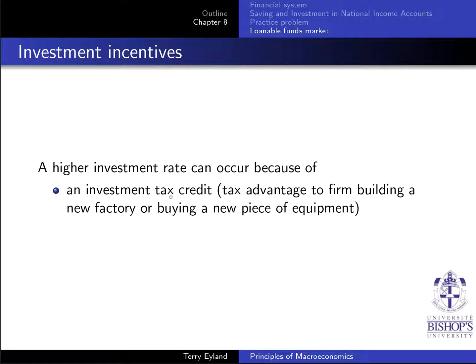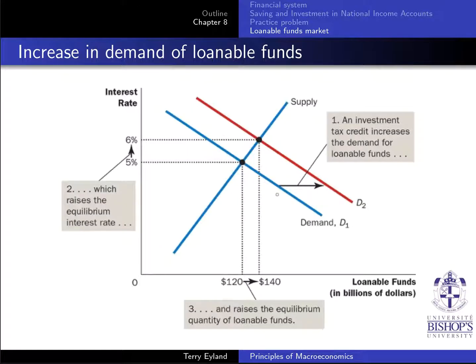So tax advantage to a firm building a new factory or buying a new piece of equipment. So anything that encourages people to invest or subsidies attached to it or something else will shift the investment demand curve. So as the investment demand curve goes up, we expect interest rates to rise.